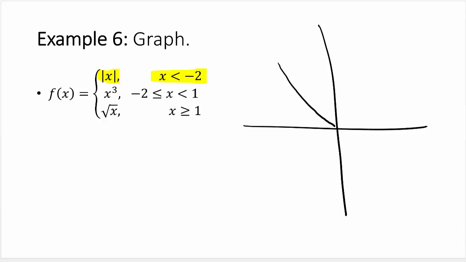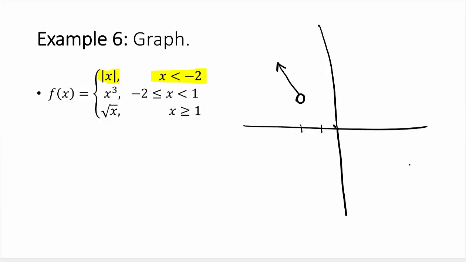So my absolute value graph looks like a V. So I would know that would be what the entire graph looks like. But again, we need to restrict this. This is only going to be when x is less than -2. So at -2, I know I would need an open circle, and I wouldn't have any of the other graph to the right of -2. So we're just looking at that portion of it.